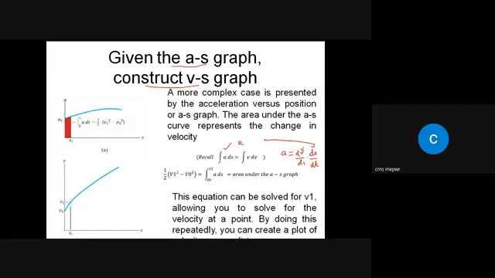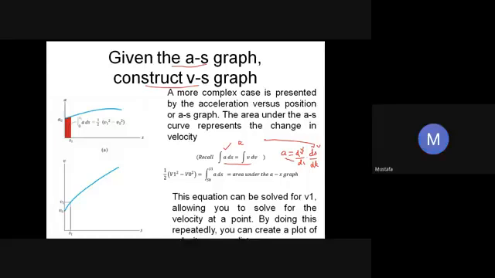So from here, this will be a ds, and this one will be equal to v dv. So we will get v dv is equal to a ds. If you take the integral on both sides, you will get this equation, right?